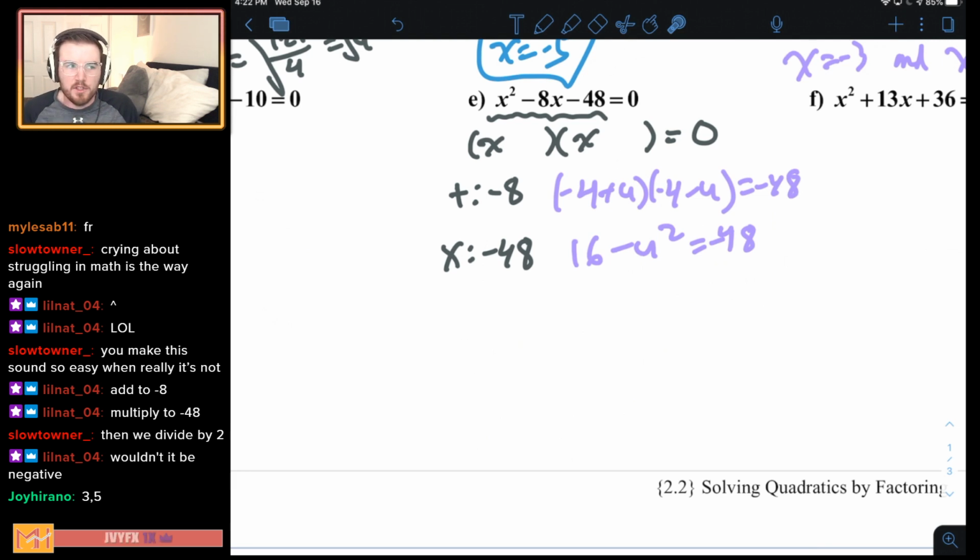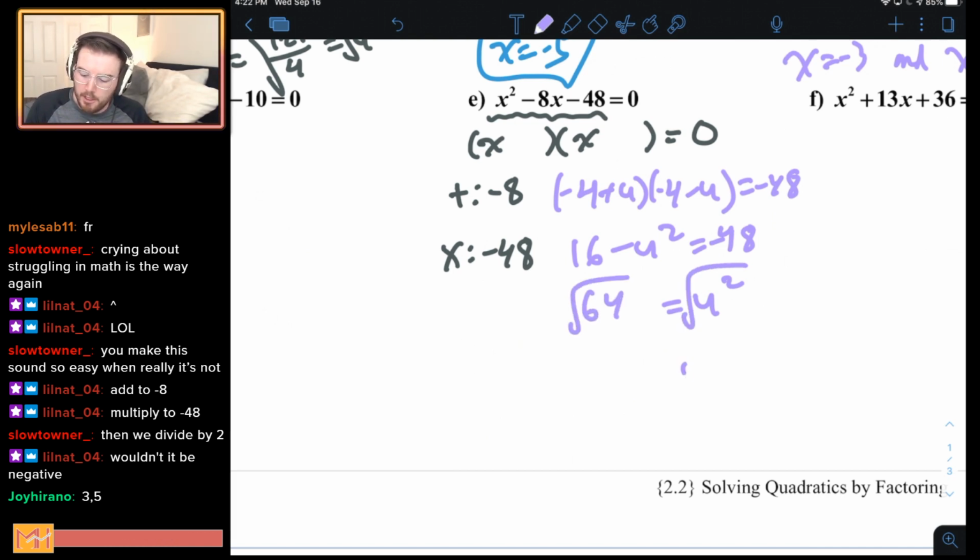I like to add it to the other side to get rid of the negative. And then I'm going to add the 48 to the other side. So I end up with 48 and 16 adds to, well, the first thing that I officially can't do in my head. I don't know why I'm struggling on that. 64 equals u squared. Take the square root, u equals 8.